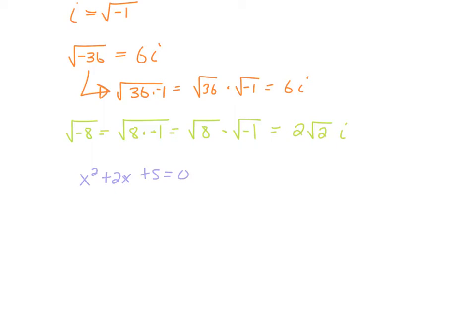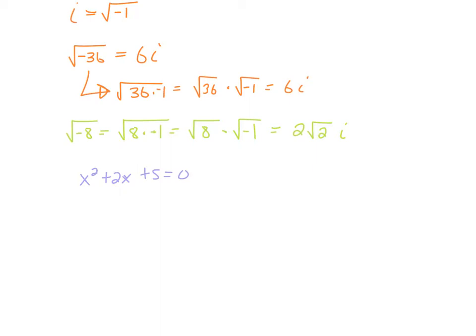If I'm going to factor it, I'm going to need two things that multiply to 5 but add to equal 2. The only things that multiply to 5 are 1 and 5, and I'm not going to be able to combine those to get 2. So that eliminates that.